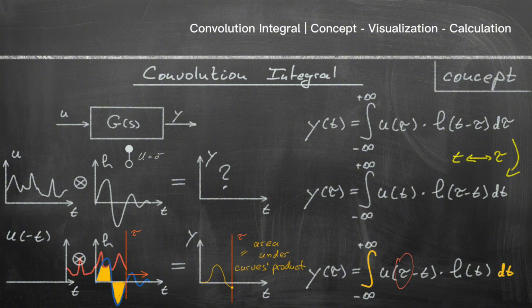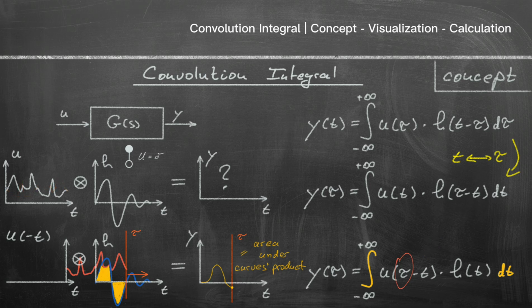Strictly speaking, u and h are orthogonal to each other, and the area extends into the image plane, but this is almost impossible to visualize and usually causes confusion. Therefore, remember the following to understand the concept of convolution. First, one of the signals is mirrored. Wherever you see tau minus t, that signal is mirrored.